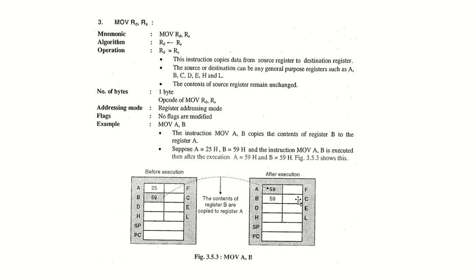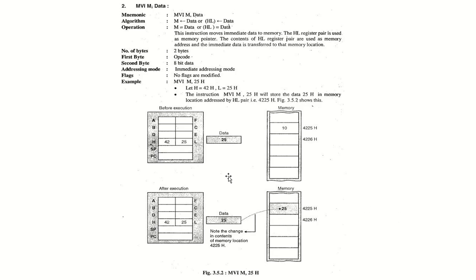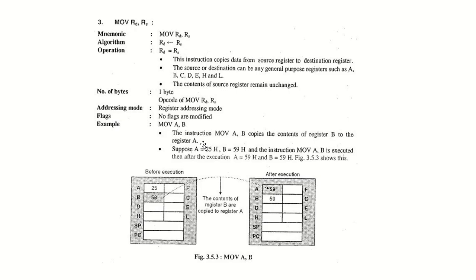Notice the addressing mode has changed, because previously we had some immediate value, right? Immediate instruction. But here what are we doing? We are just simply moving the data or content of register RS to RD, or let's say B to A, right?